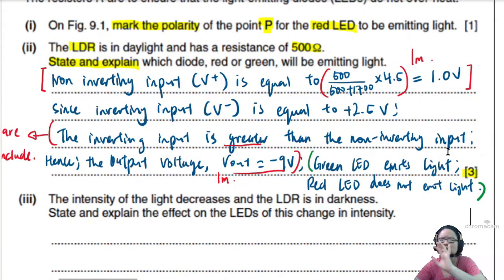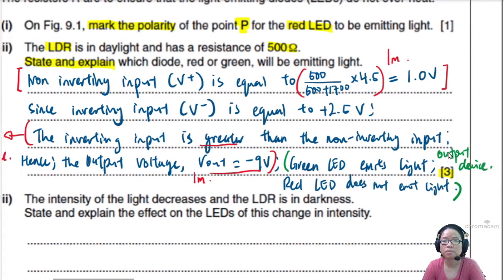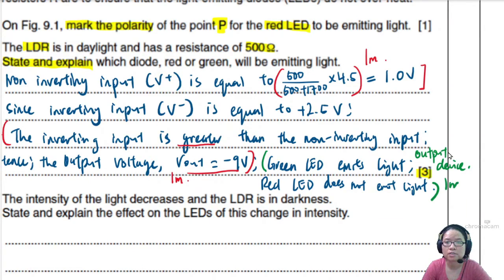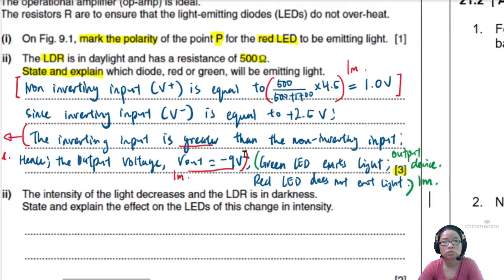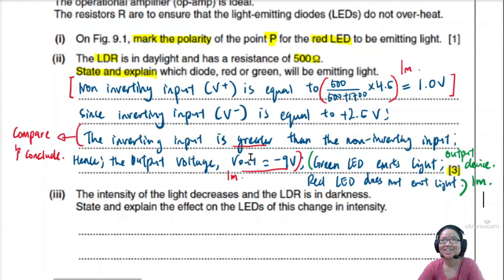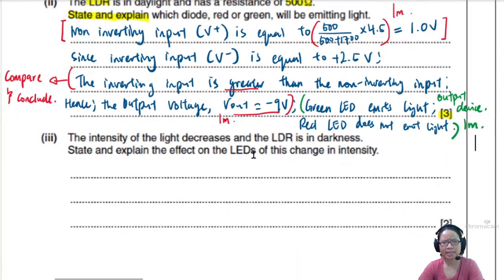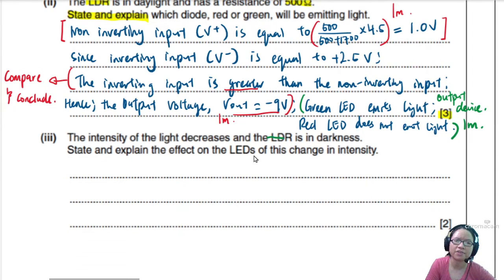So just throw everything inside, okay? So this one is 1 mark. The outcome or the output devices. So relate it back to the output device. This one is 1 mark. I actually think if you can do this, it's fairly predictable and it's not that hard to get full marks. Alright, so let's move on. The intensity of the light decreases and the LDR is in darkness. Okay, fine.